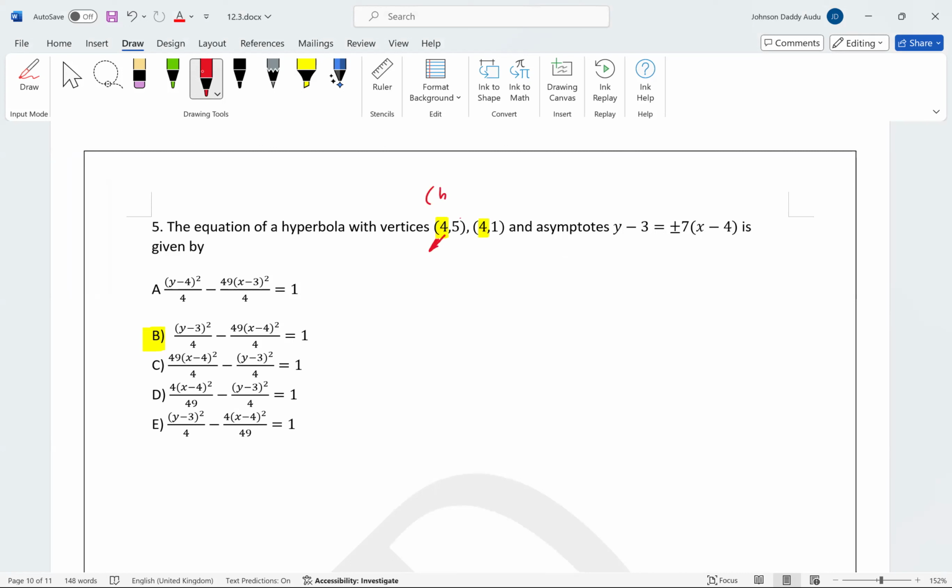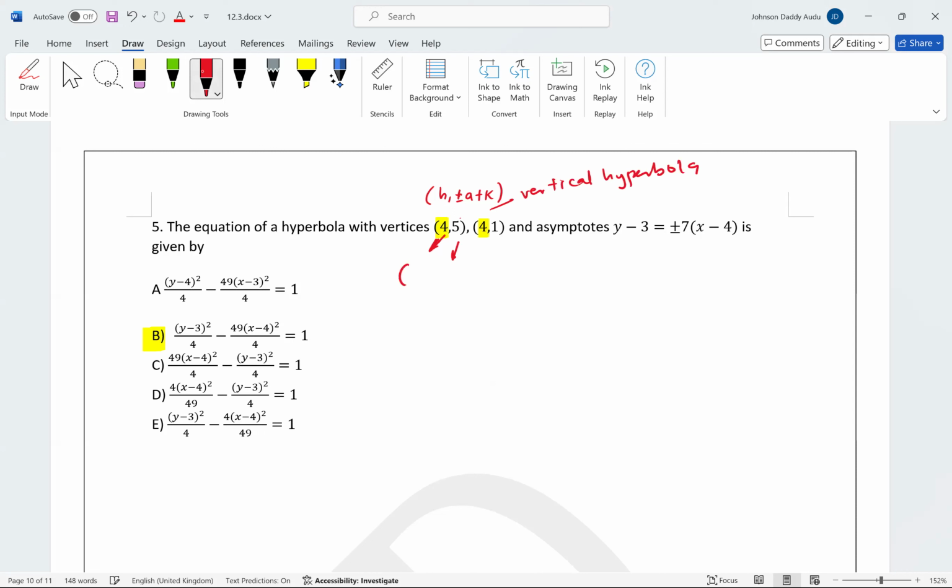So this is like h, and this is going to be plus minus a plus k. So you can see what is changing is the y-axis. So it tells you that you are dealing with a vertical hyperbola.